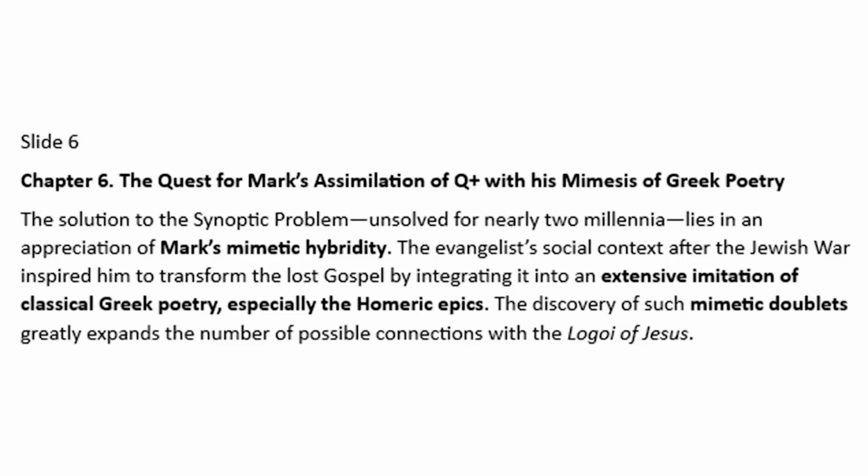So, for example, Jesus's triumphal entry into Jerusalem is surely based on Odysseus's entry into the city of the Phaeacians in Odyssey 7. But what happens as he gets into the city? The crowds are shouting the Q saying, "Blessed is the one who comes in the name of the Lord." That's brilliant. So here you have a Q saying that appears in Matthew and Luke in a different context, and Mark has it, but in Mark, it's a part of his mimetic hybridity.